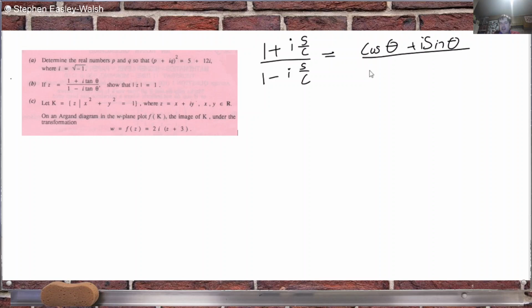Ah, success. Cos theta minus i sine theta. That's good.